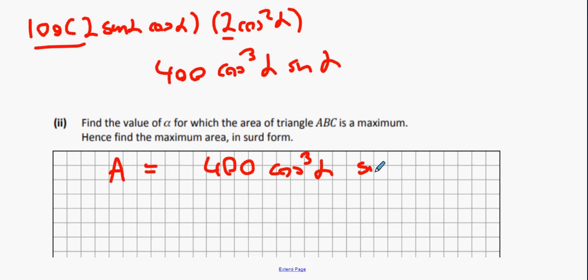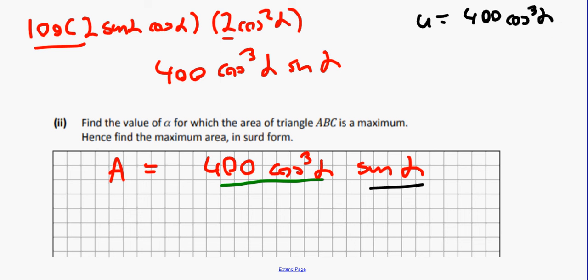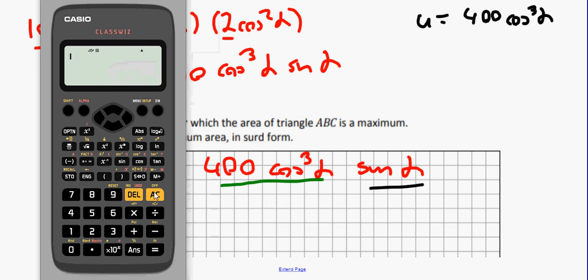Okay, now we're going to differentiate it. There's the u. It's once again the product rule. Okay, so u is 400 cos cubed alpha. Now once again, you can do a little trick like I did earlier.